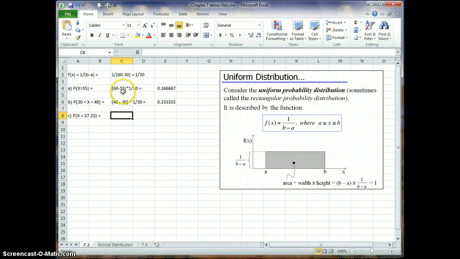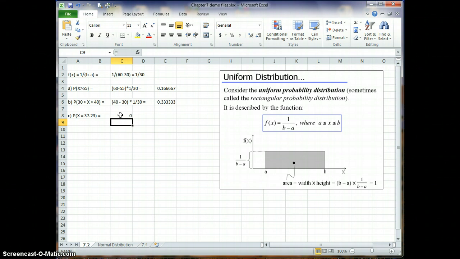The range for A was between 60 and 55. It was between 40 and 30 for part B, and for C, it's actually equal to 0.